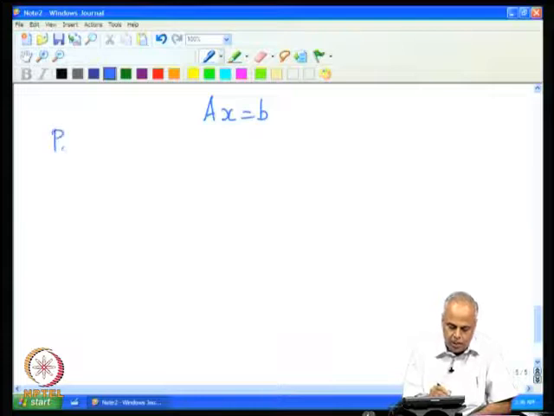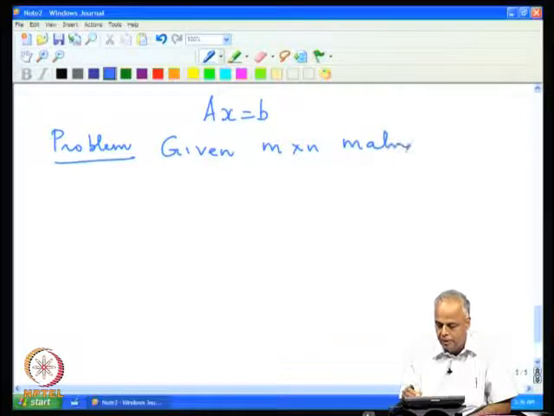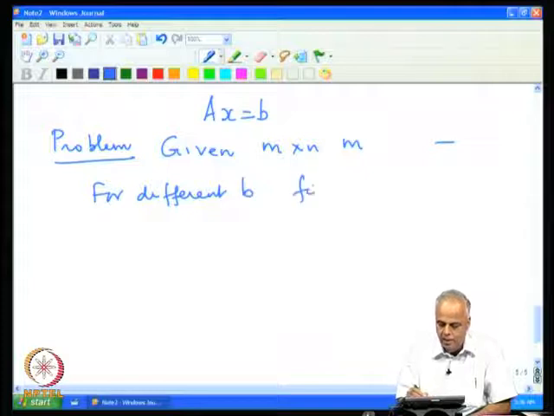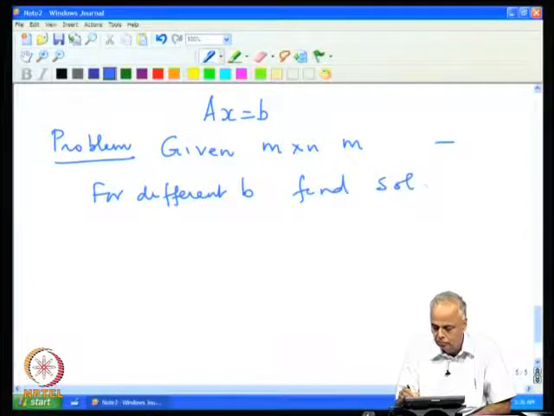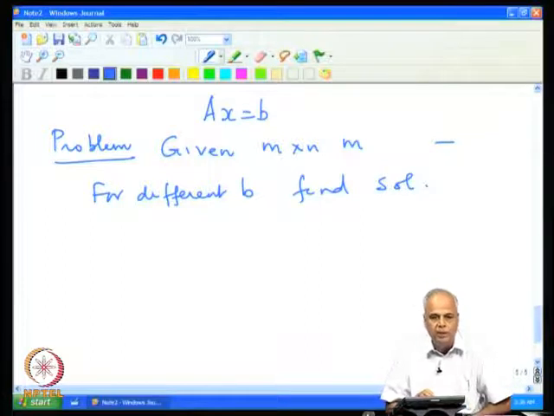So, in general, we are interested in the system Ax equal to B. What is the main problem? The main problem is: given an m by n matrix A, then for different B, find solution. That is our first fundamental problem of linear systems of equations.